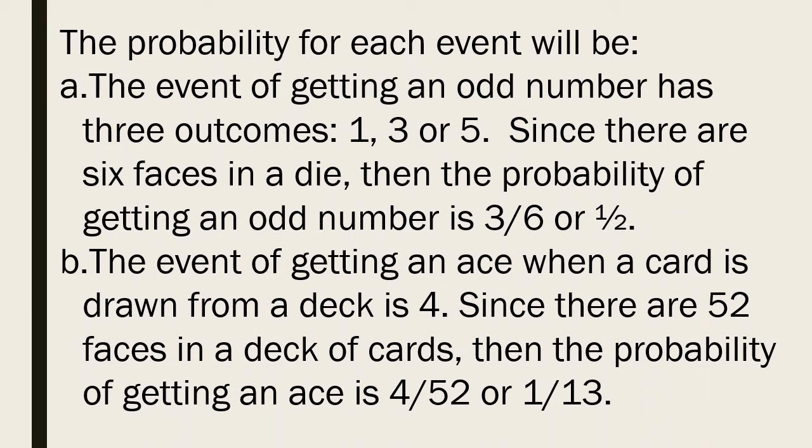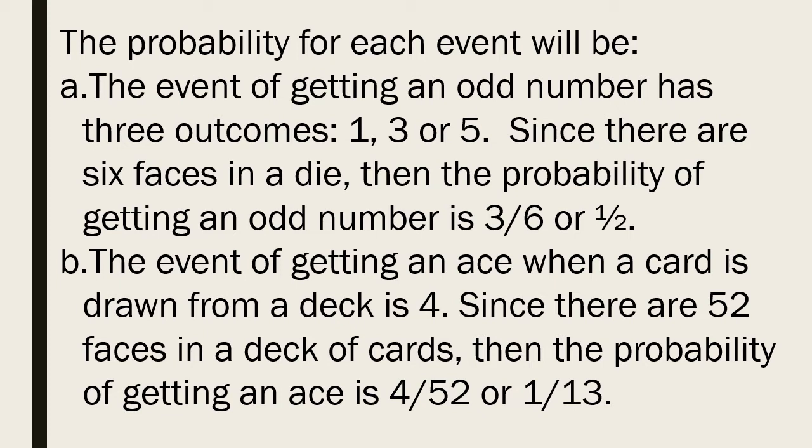Let us answer. For letter A, the event of getting an odd number has 3 outcomes, 1, 3, or 5. Alam natin na ang isang dice, when we roll that, there are 6 possible outcomes kasi 6 yung number ng ating die. So, yung mga odd number doon, yun yung 1, 3, or 5.